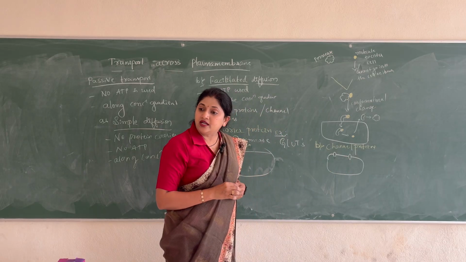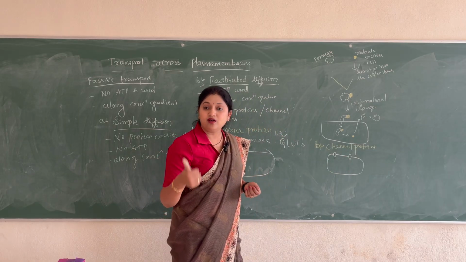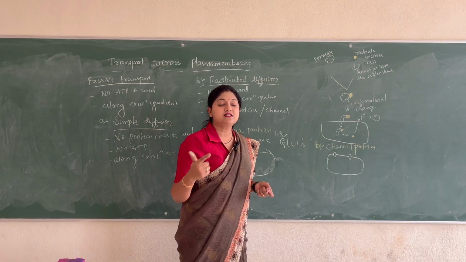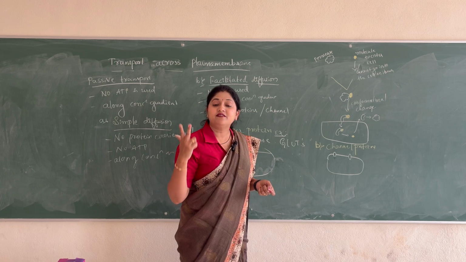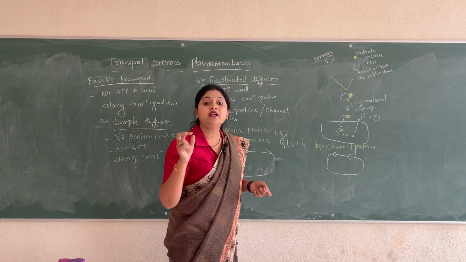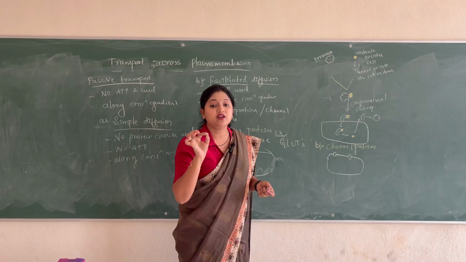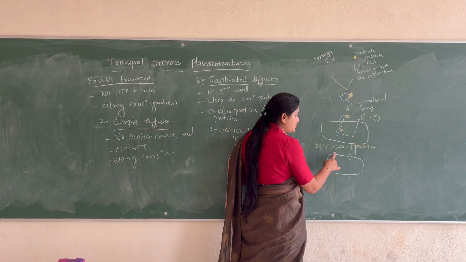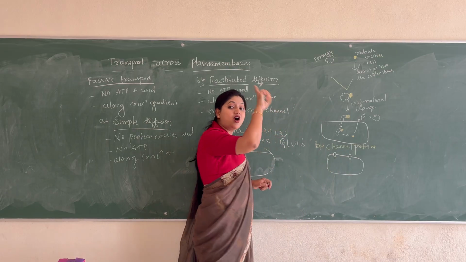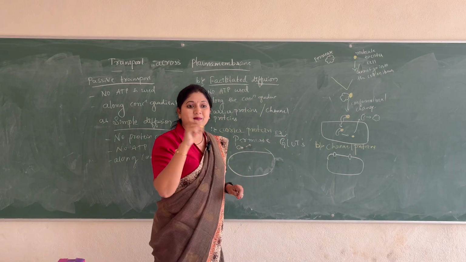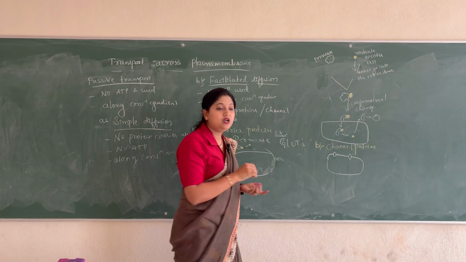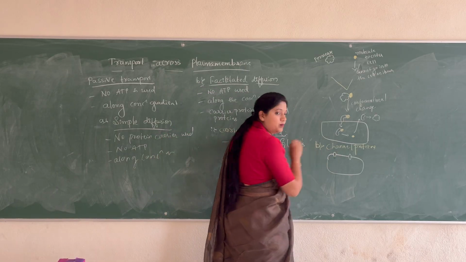These channel proteins will facilitate water, various ligands, ions, any molecule according to the size and the charge of the molecule. The size of this channel and the size of the molecule have to match. On the basis of the size and the charge on the molecule, they will facilitate the movement.